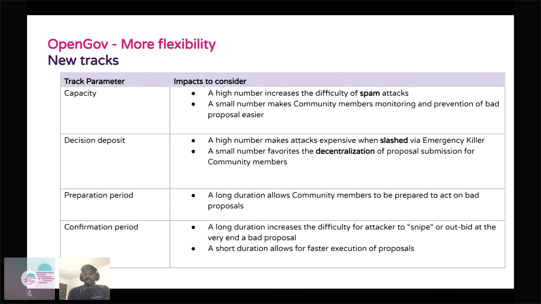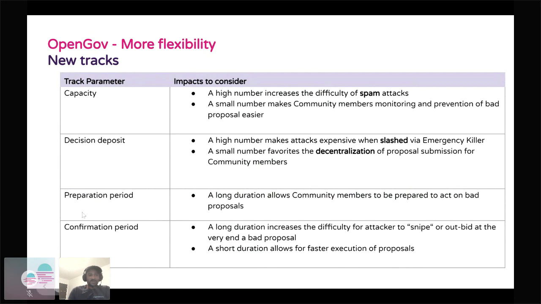And they can lose this decision deposit fully if the community decides to kill this proposal by triggering the emergency killer track proposal. But if this amount is too high, it will prevent normal people from proposing something, so it will have a bad effect on the decentralization of the decision making process.